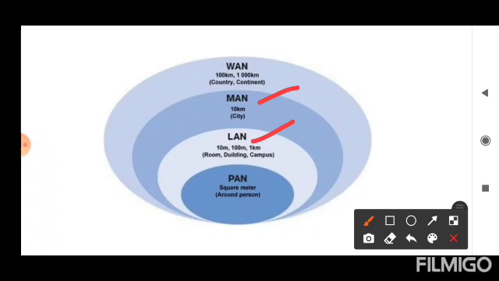And the last is WAN, wide area network, which covers a large geographical area, that means 100 kilometers to 1000 kilometers, often a country. Finally, the connection of two or more networks is called an internetwork or internet.